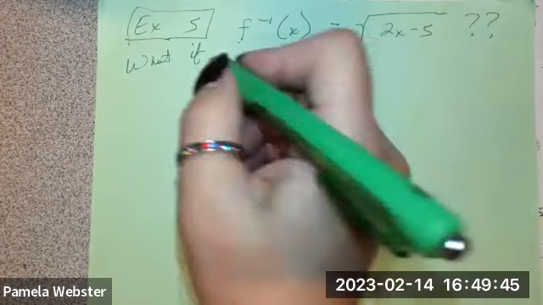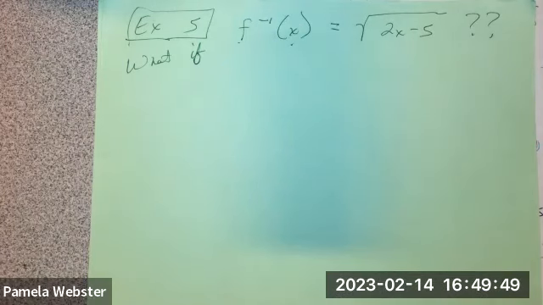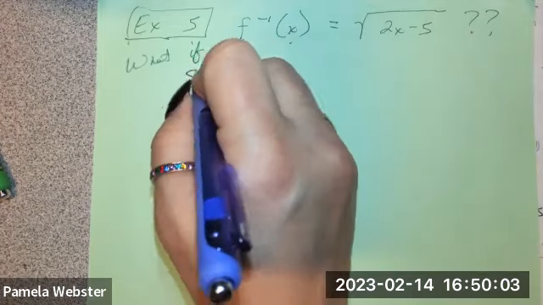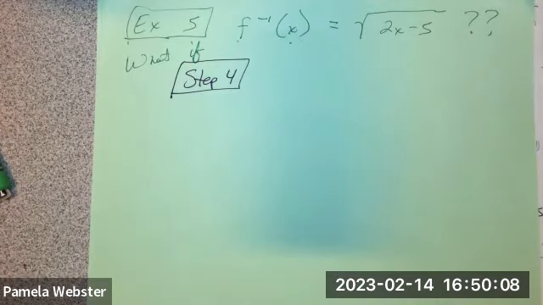So what if that is what you have? Okay. You get through step 1, you get through step 2, you solve for y, you do step 3, change the y for the f inverse guy, and you've got this, and you need step 4. That's what I'm worried about, is step 4 here. So I'm not worried about y'all switching the x and y and solving for y. Okay, I feel like we can do that.